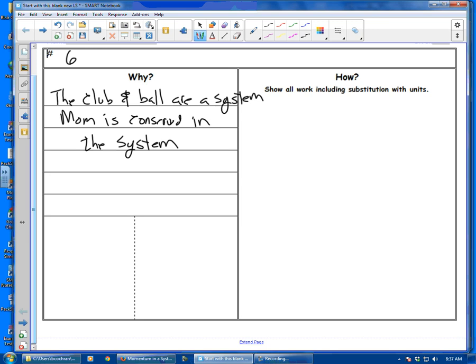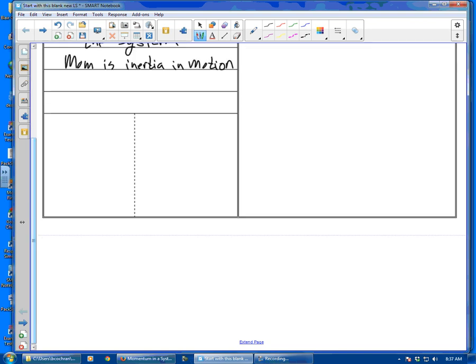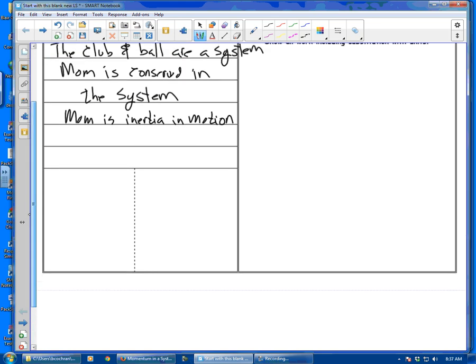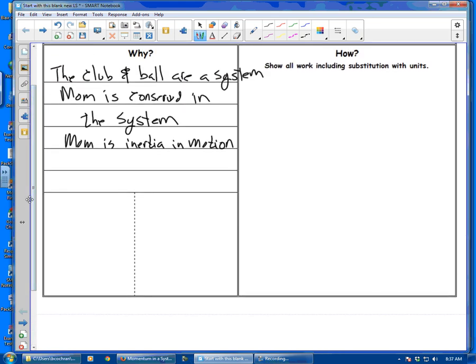I could also express to show that I understand what momentum is. Like momentum is inertia in motion. Probably wouldn't be a bad thing to express there. So that would be what I would put for my Y.